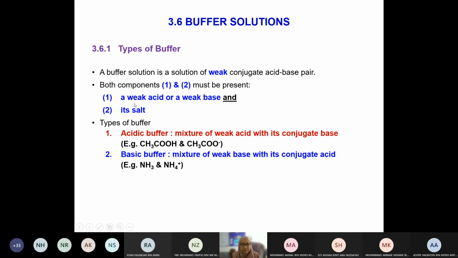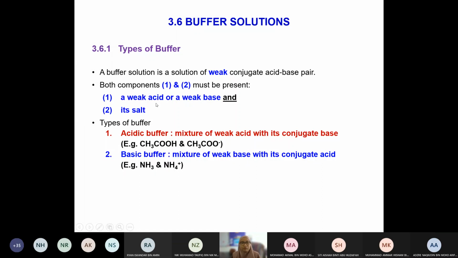The first component is either a weak acid or a weak base. The weak one, not a strong acid or strong base. It should be a weak acid or a weak base, either one. And secondly, the second substance that needs to be in the buffer is its salt.